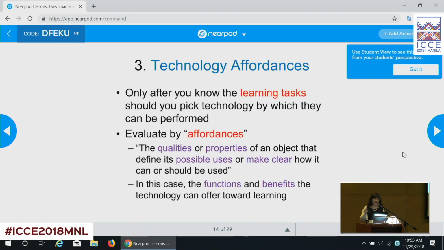Third stage, we come to the technology affordances. One of the most important criteria for picking technology is to evaluate the possible technology choices by their affordances. What does affordances mean?